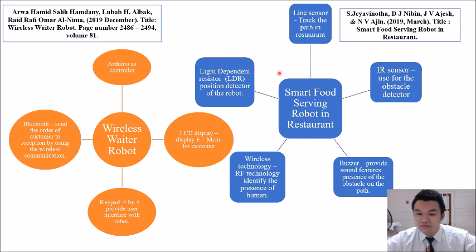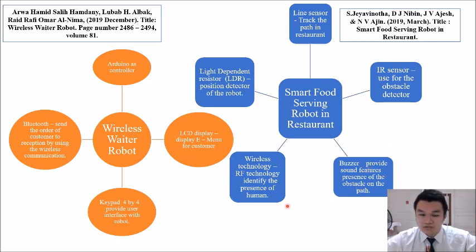The third review is on the smart food serving robot in a restaurant. In their project, the line sensor is used to track the path in the restaurant, while the eye sensor, called an infrared sensor, is used for obstacle detection, and the buzzer provides sound during the presence of an obstacle on the path.